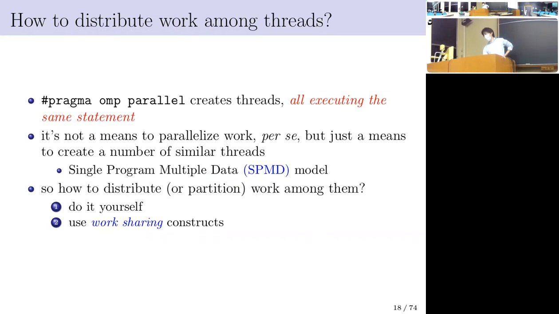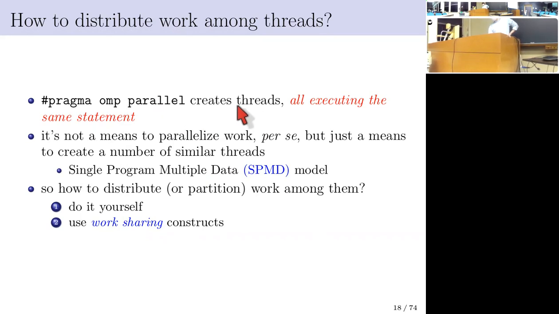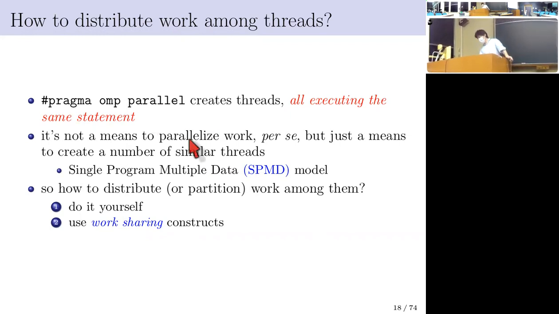But again, one point I need to emphasize here is that OMP parallel creates threads, each of which will be doing exactly the same statement. So in a way, it's redundantly doing the same work. In other words, it's not a way to parallelize work per se.